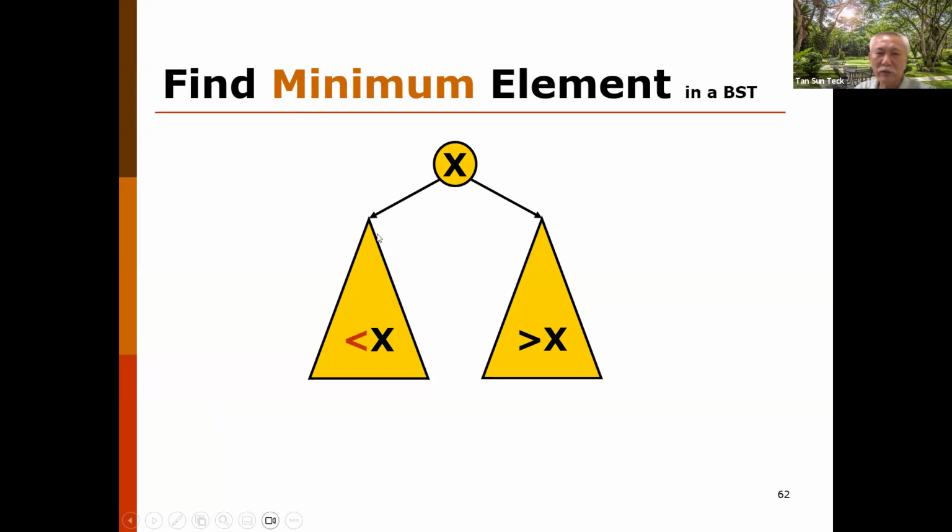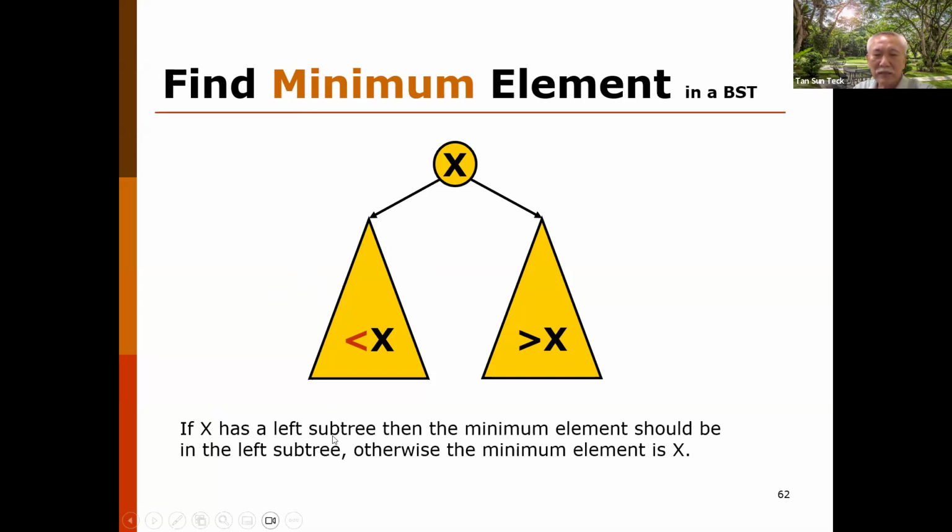So you have to go down. Again, you go to the root node of the subtree, and if this guy has nothing behind or in front of it, then this guy must be the minimum value. So you just go left all the way until you cannot go any further. That should find you the minimum element.